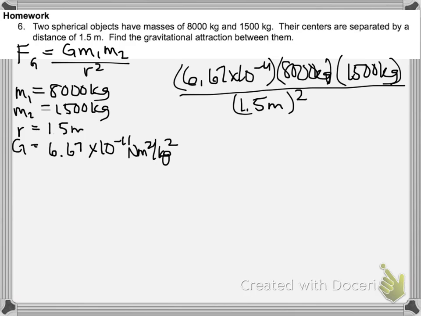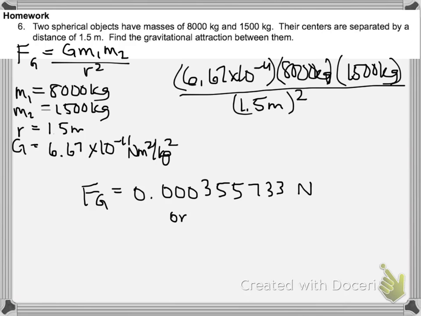So when we plug this into the calculator, we end up with a force of gravitational attraction of 0.000355733 newtons. Or if we convert it into scientific notation, it's 3.56 times 10 to the negative 4 newtons.